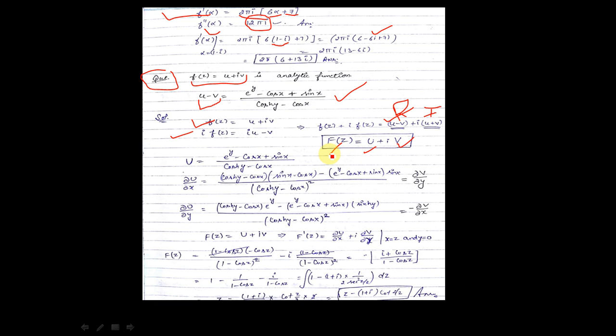Just do the derivative with respect to x and with respect to y. My main motto of making the lecture is only to help you regarding the simplification of the question, that is how to solve the question with a very simple procedure.